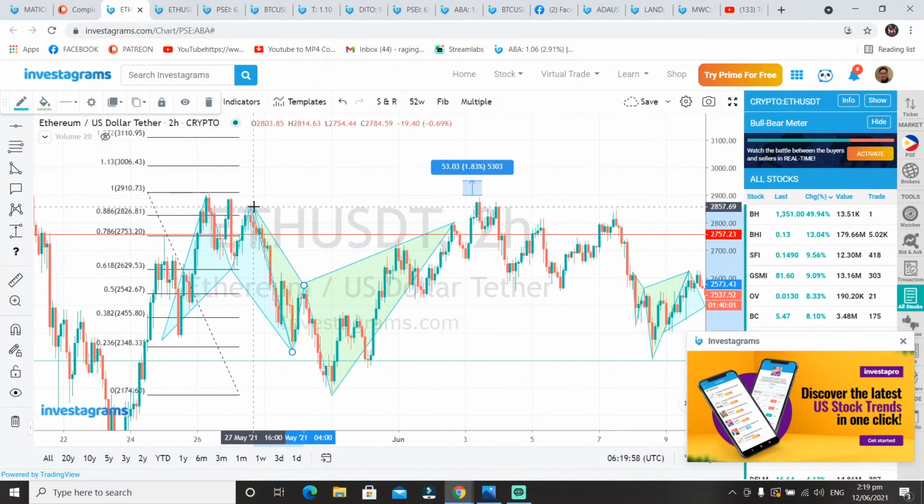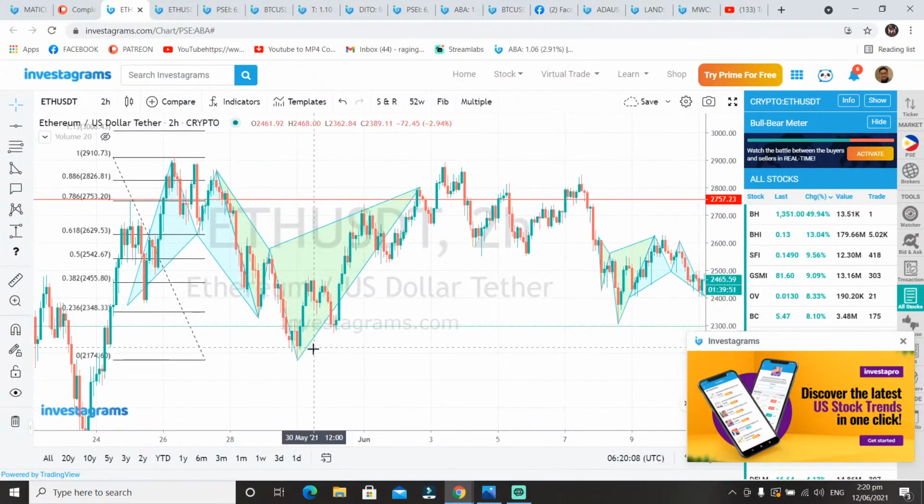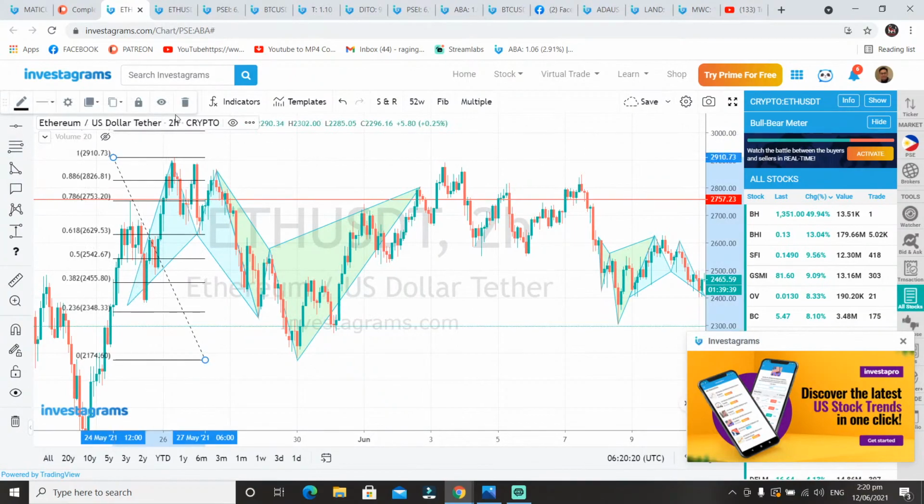If it's okay with you, I'll just put it here. So let's see another pattern that it formed. There are lots of things that happen in this one. From here, for example, X, A, B, then C, right? So we can check again, this one.